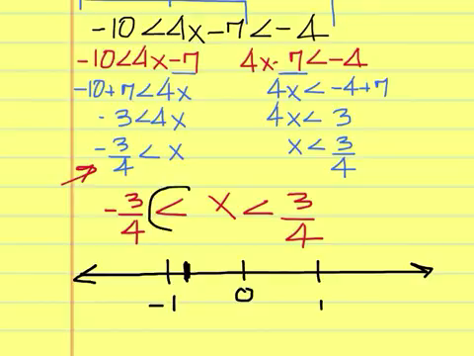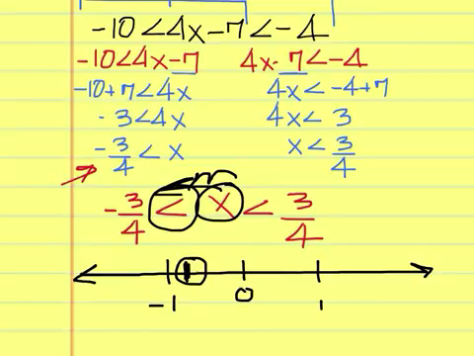Since this is less than, and there is no or equal to with it, it's an open dot. If x is greater than a negative 3/4, which is how you read this, starting with the x and going this way, you have an open dot and it's going over to the right.